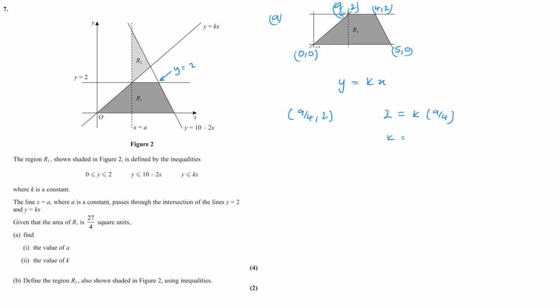So k is 8 over 9. So therefore A is 9 over 4 and K is 8 over 9. And that's part A done. So I can put them on here. That's 9 over 4 and y equals 8 over 9 x.